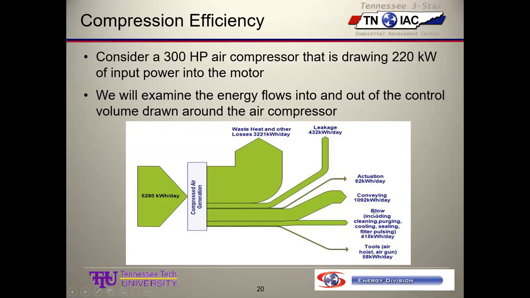And then we have some sort of blowing, cleaning, purging, sealing, filter pulsing, etc. for another 500 or 415. And then we've got some air, pneumatic tools, air guns, etc. So that's not a bad typical breakdown of where the air might go in just kind of a generic plant.